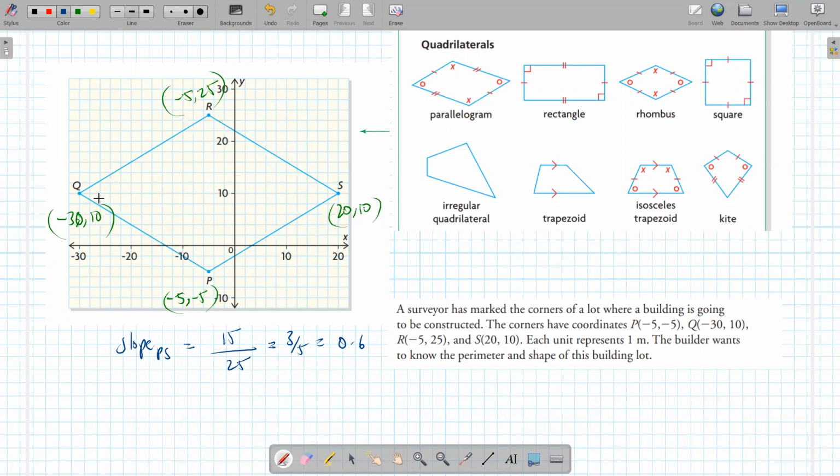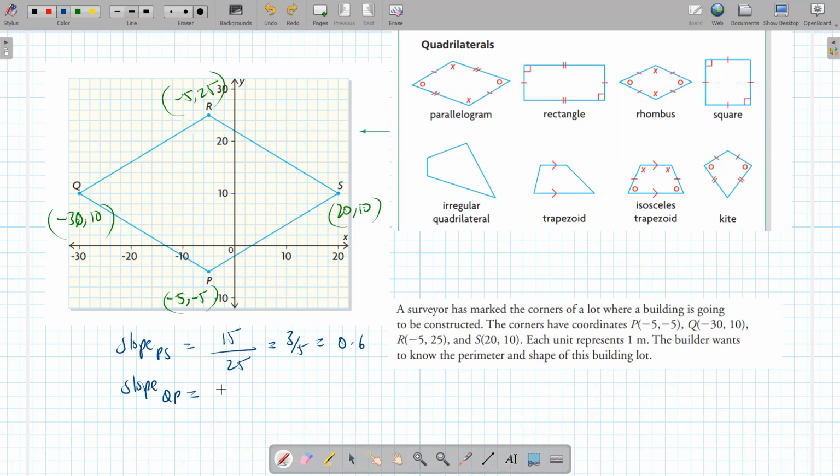Next, I'm going to find the slope from Q to P. What's the slope? Is it 25? No, it's not 25.